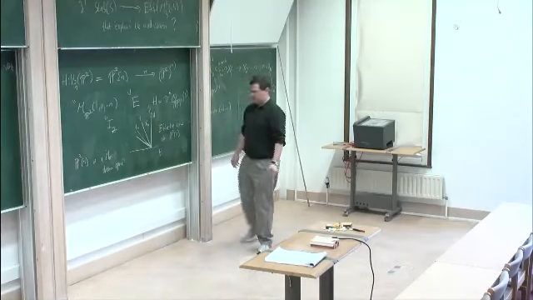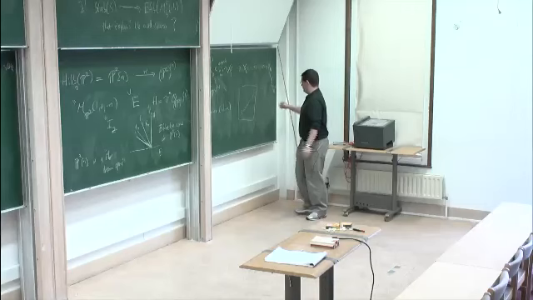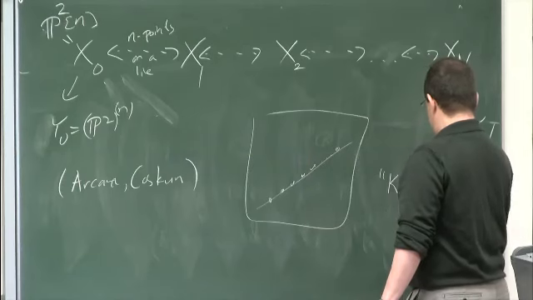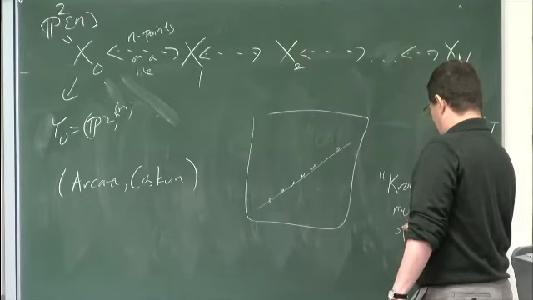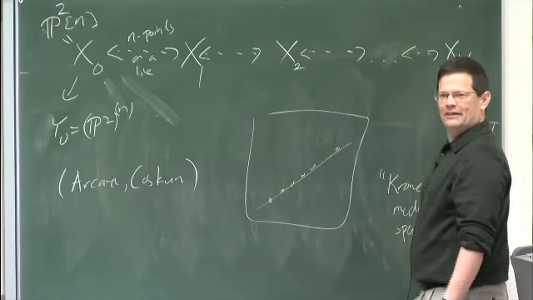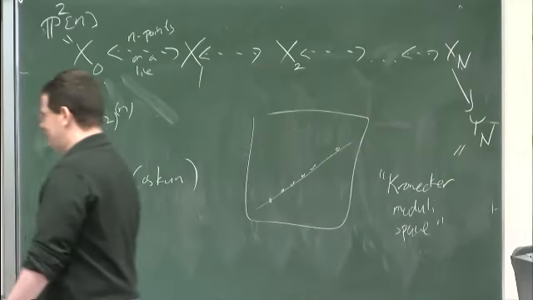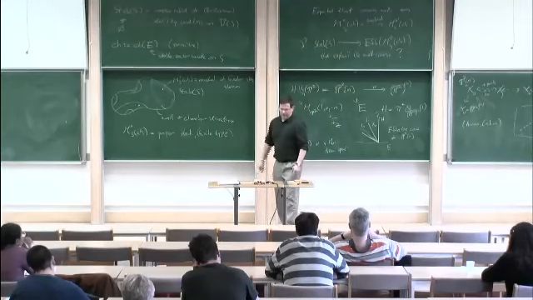There's a final wall, which I will tell you exactly what it is. This will always be a particular Kronecker moduli space, the moduli space of Kronecker modules.